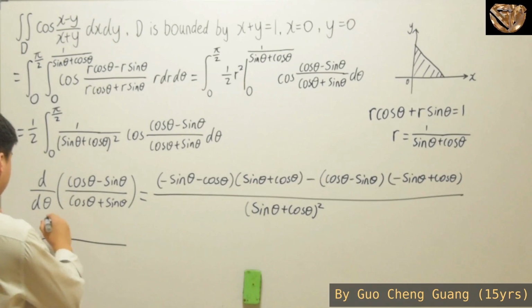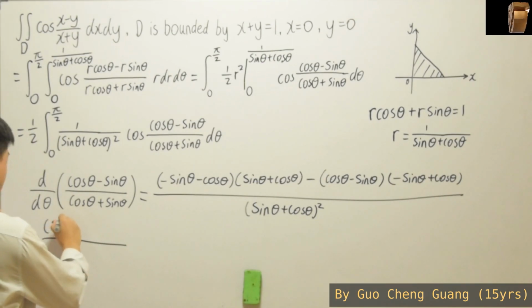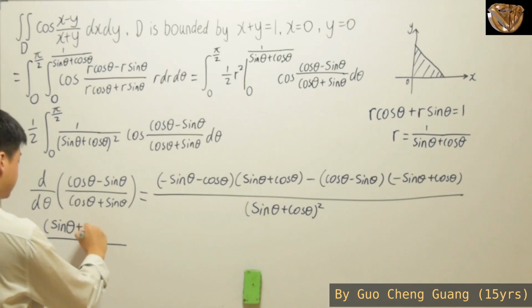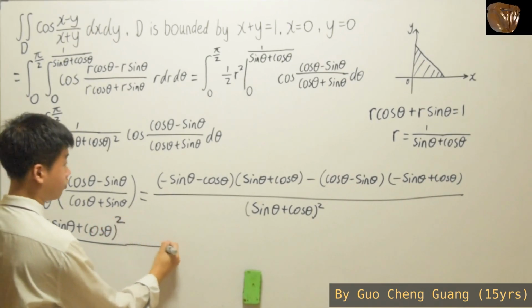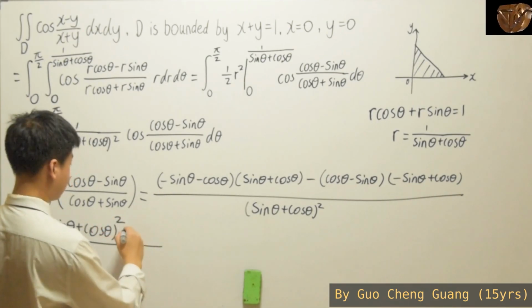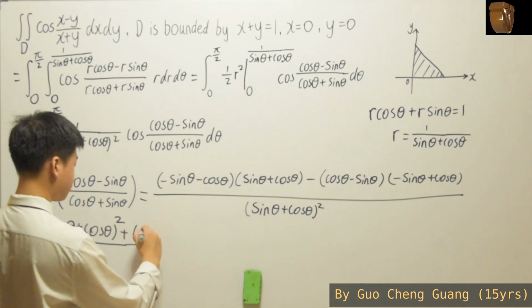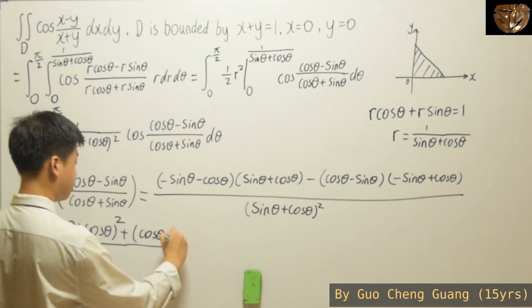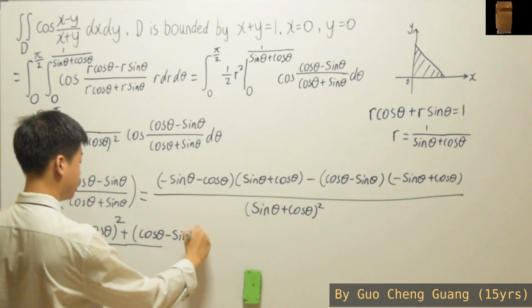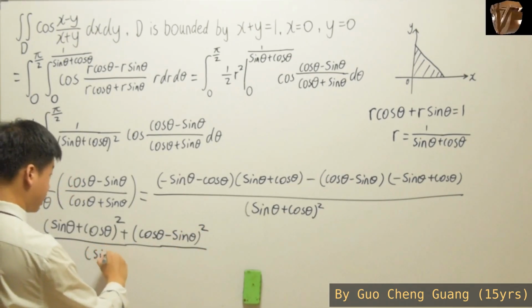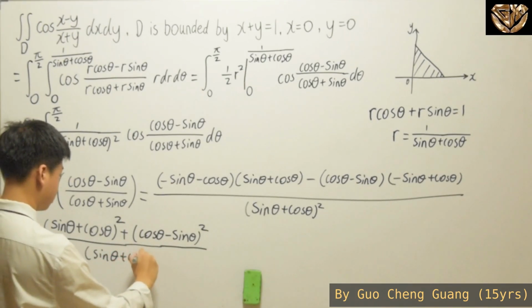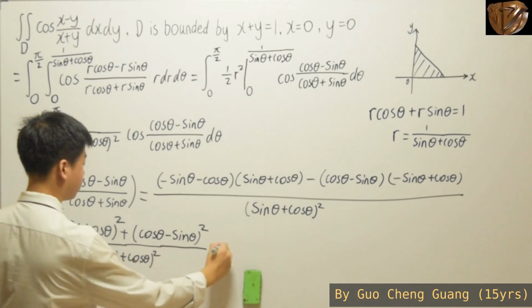Now your first term is sine theta plus cosine theta squared. And your second term is plus cosine theta minus sine theta squared over sine theta plus cosine theta squared.